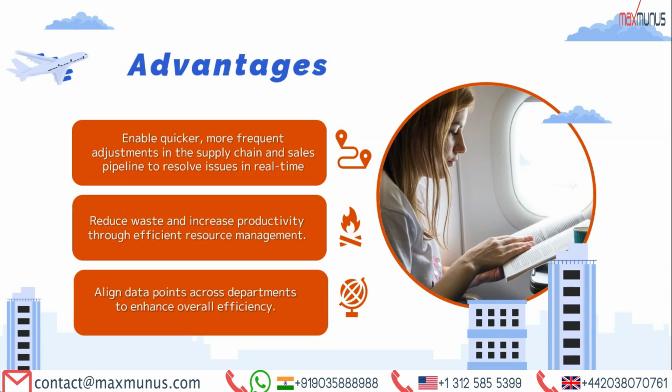Enable quicker, more frequent adjustments in the supply chain and sales pipeline to resolve issues in real time. Reduce waste and increase productivity through efficient resource management. Align data points across departments to enhance overall efficiency.